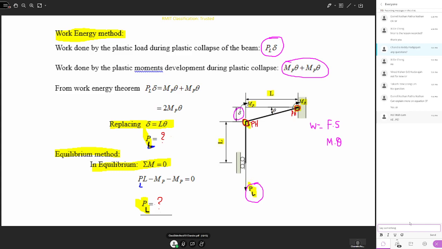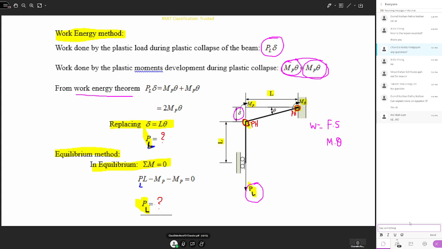So the work done by the two moments will be MP into theta at point A and another plastic moment into theta at point B. Then you can apply the work energy theorem: the work done is equivalent to the total energy of the system. The work done by the force is PL into delta, where delta is the vertical displacement, and theta is the angular displacement.